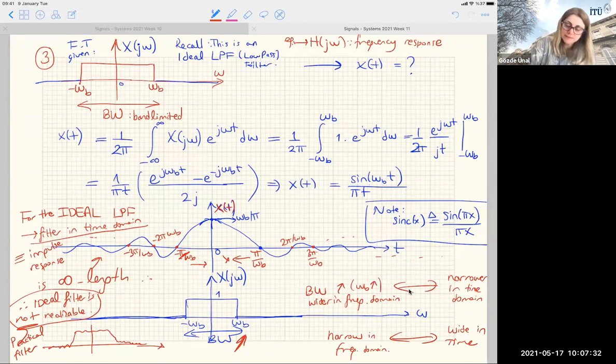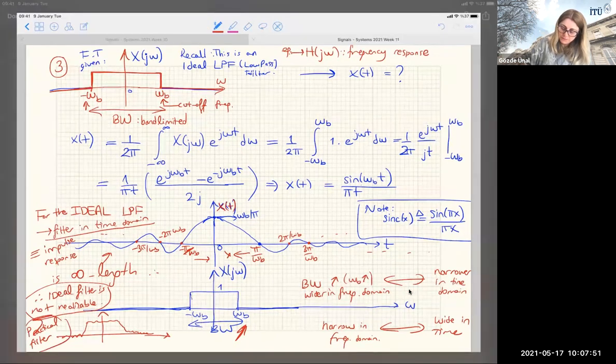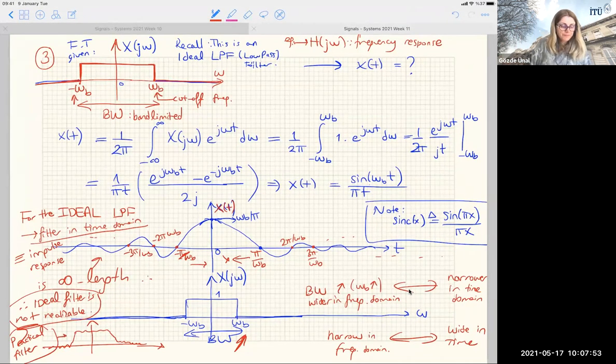We don't see this beautiful infinite jump at the cutoff frequency, right? Remember, this was the cutoff frequency. So typically this is a practical low pass filter, of course.